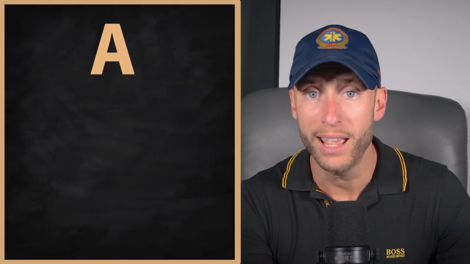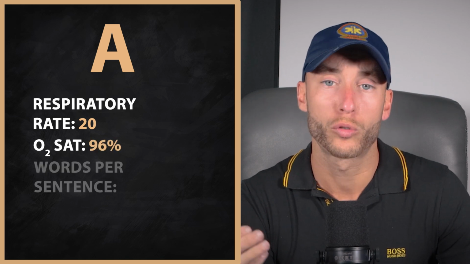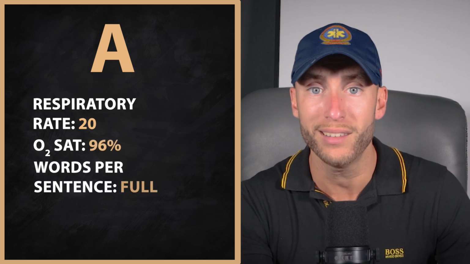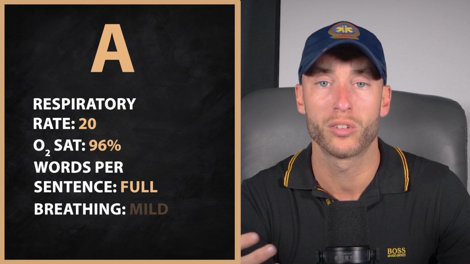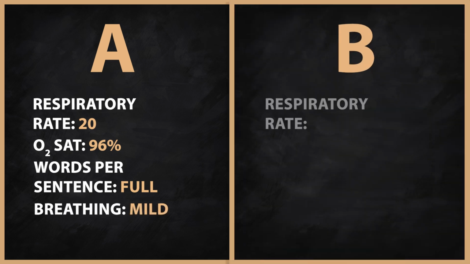For example, look at the difference between these two patients I'll share with you now. Patient A has a respiratory rate of 20, an O2 sat of 96, words per sentence is full sentences, and breathing is mildly labored. Now look at patient B. Patient B has a respiratory rate of around 30.